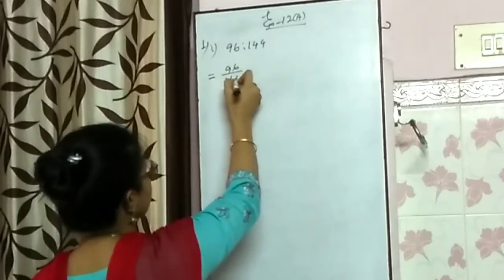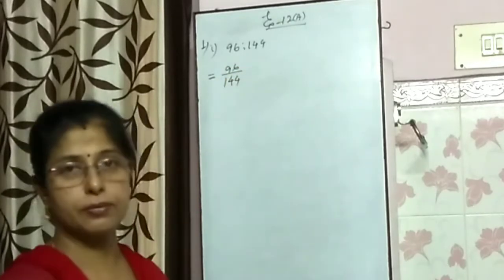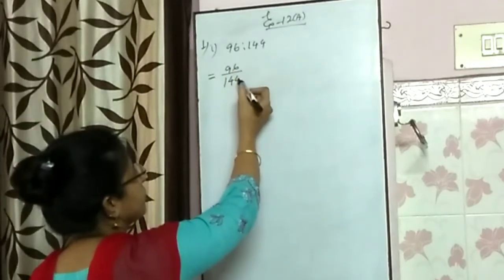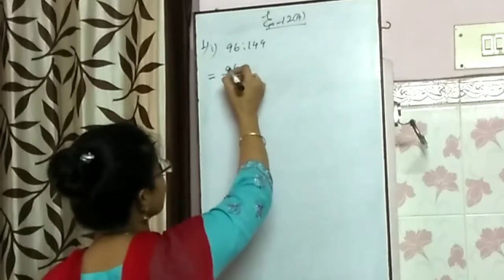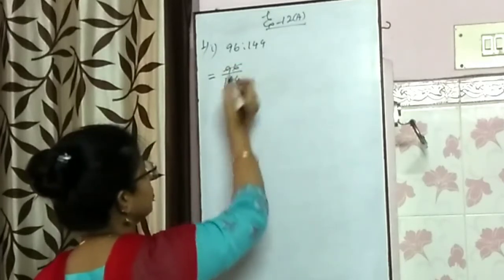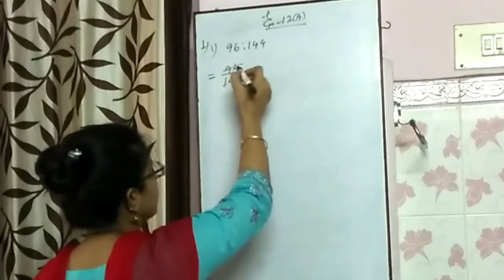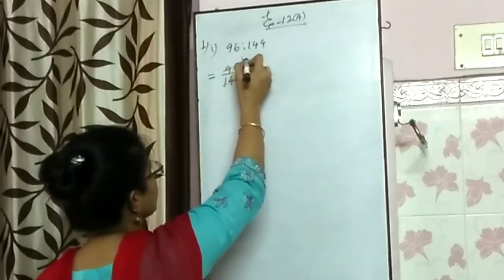96, 144. Always for cancellation you use the properties of numbers, like if the numbers are even, you can cancel by 2, because 6 and 4 both are even numbers. 2 4s are 8.